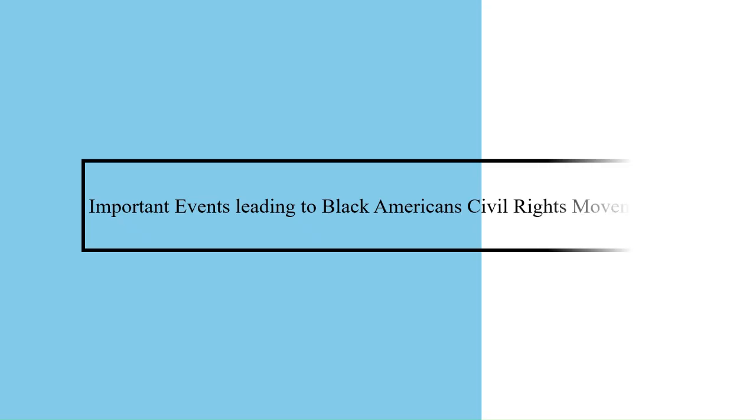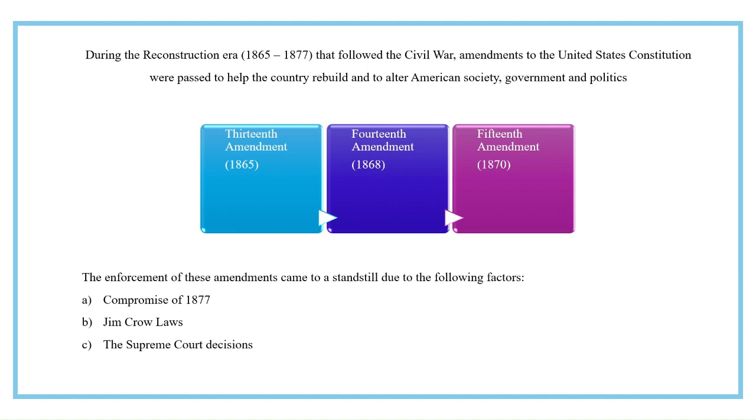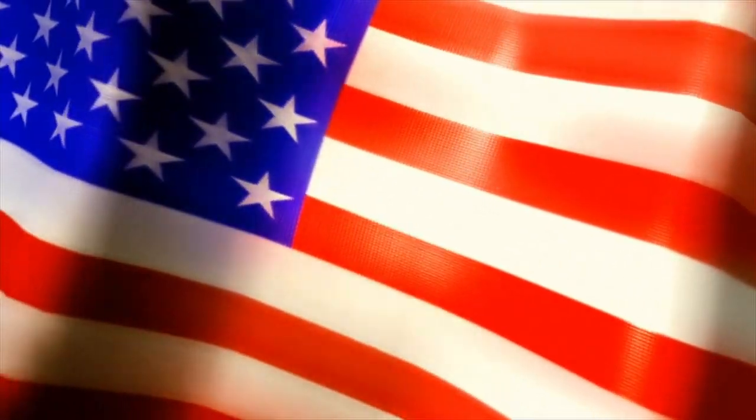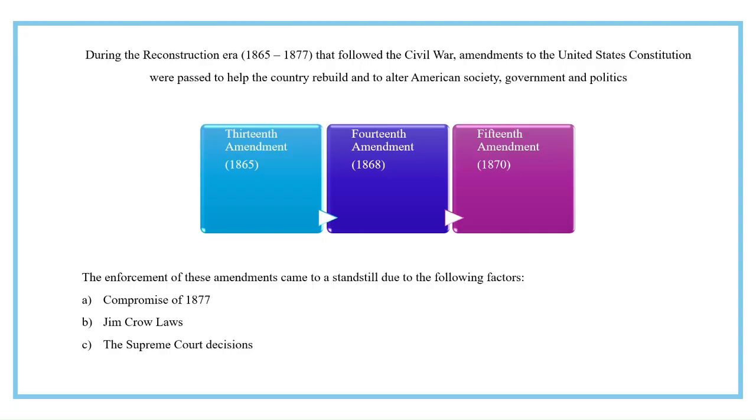Let us see the important events leading to the Black American civil rights movement. During the Reconstruction era, 1865 to 1877, that followed the Civil War, amendments to the United States Constitution were passed to help the country rebuild and to alter American society, government, and politics.